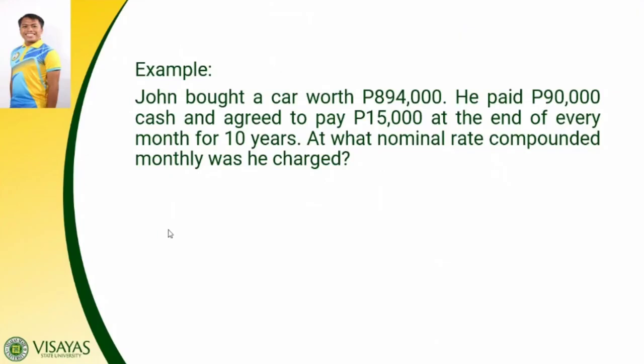Alright, so again, the following given are: we have A, the present value, which is the 894,000. We are also given R, the amount of payment made, which is equal to 15,000.